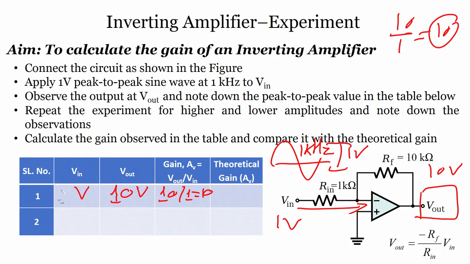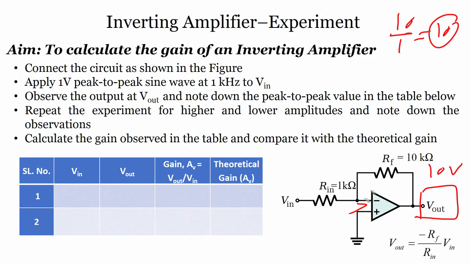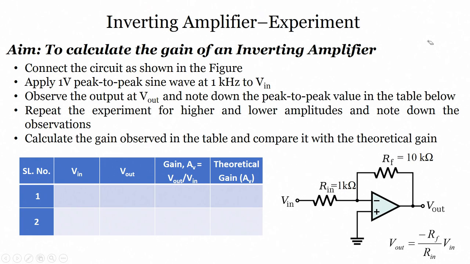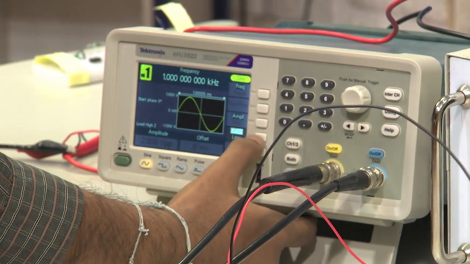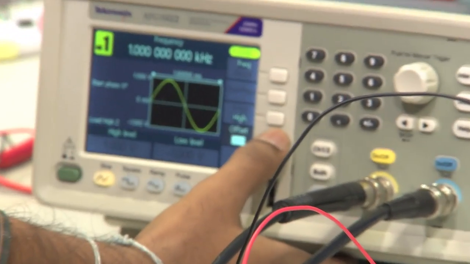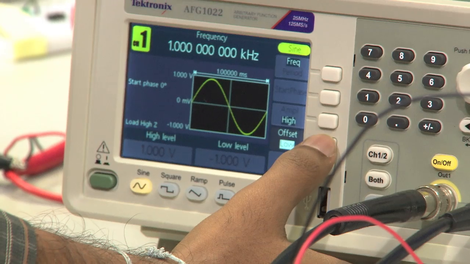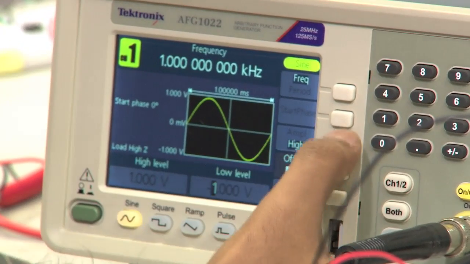Okay. Now, let us see another one, that is we will apply higher or lower amplitudes and note down the observation. Again, if we focus back on the frequency generator, we have kept the frequency as it is and we are trying to change the input voltage.